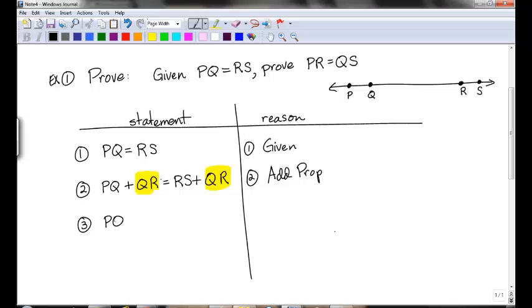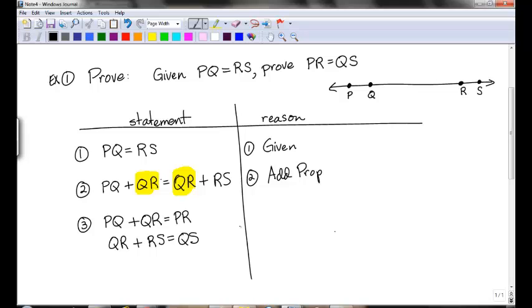Okay, PQ plus QR equals the whole thing, PR. Right? This would have been better up here. You guys, I'm gonna change this around. I'm gonna go the other order. QR. It's gonna make it easier. QR plus RS. I still added QR on both sides. And then if you look at this, QR plus RS equals the whole thing, QS.